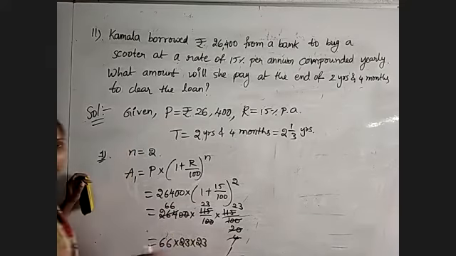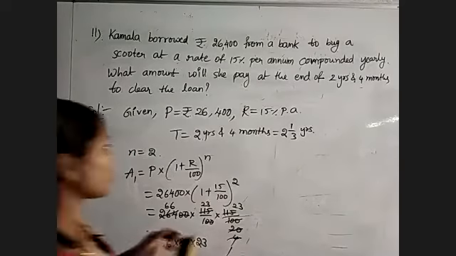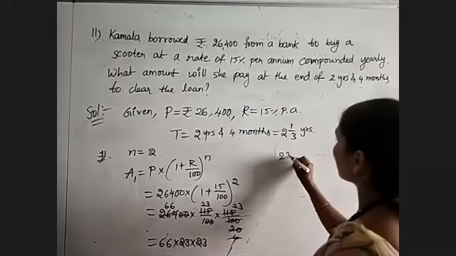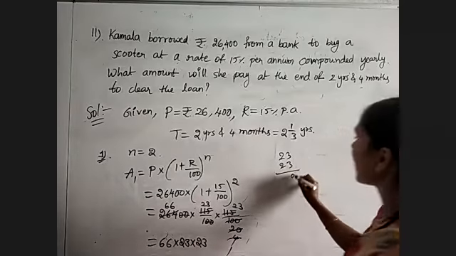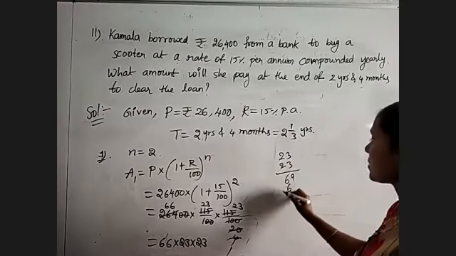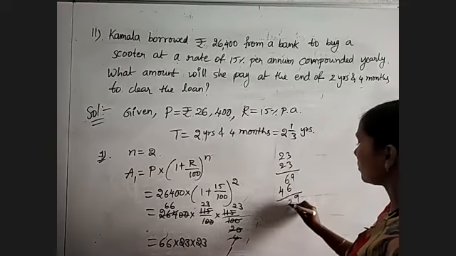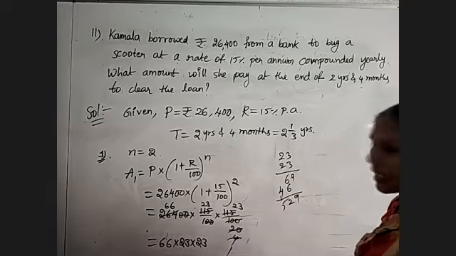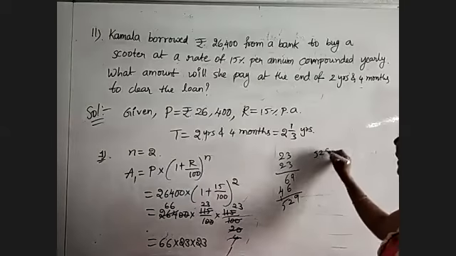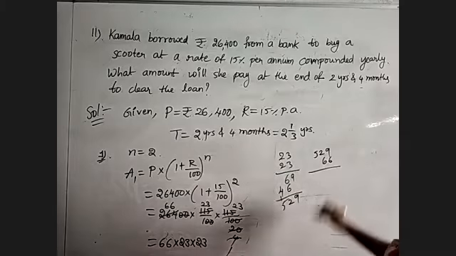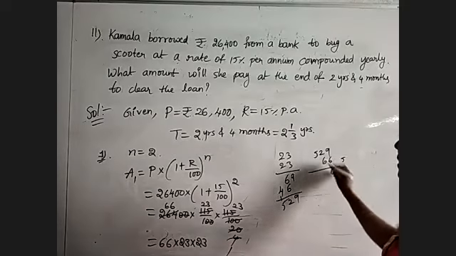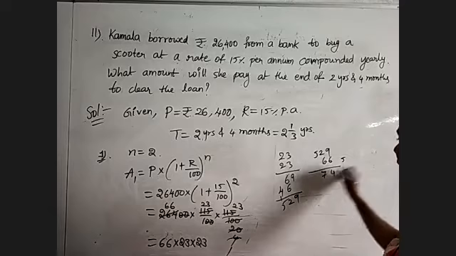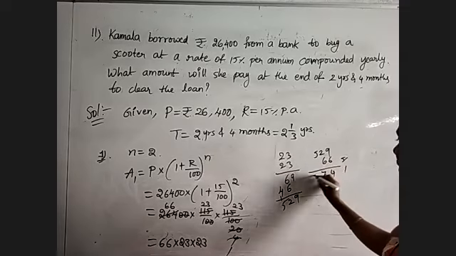Just directly I write the answer. 23 square: 3 3s are 9, 3 2s are 6, 2 3s are 6, 2 2s are 4, that is 529. 529 into 66: 6 9s are 54, 6 2s are 12 plus 5 is 17, 6 5s are 30 plus 1 is 31.